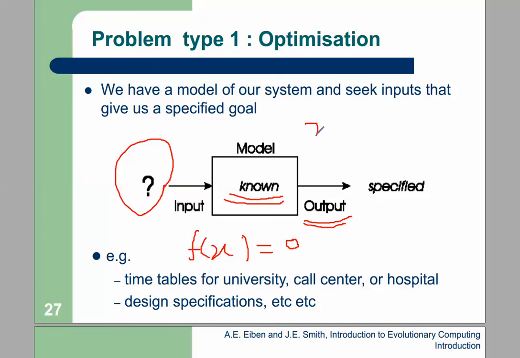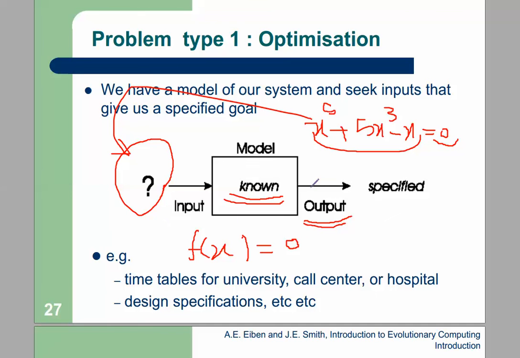For example, we have a function with this equation, and we want to find x. It is a model. Output is 0, and for input we want to find an x that when put in this formula produces 0. Finding the root of an equation is an optimization.